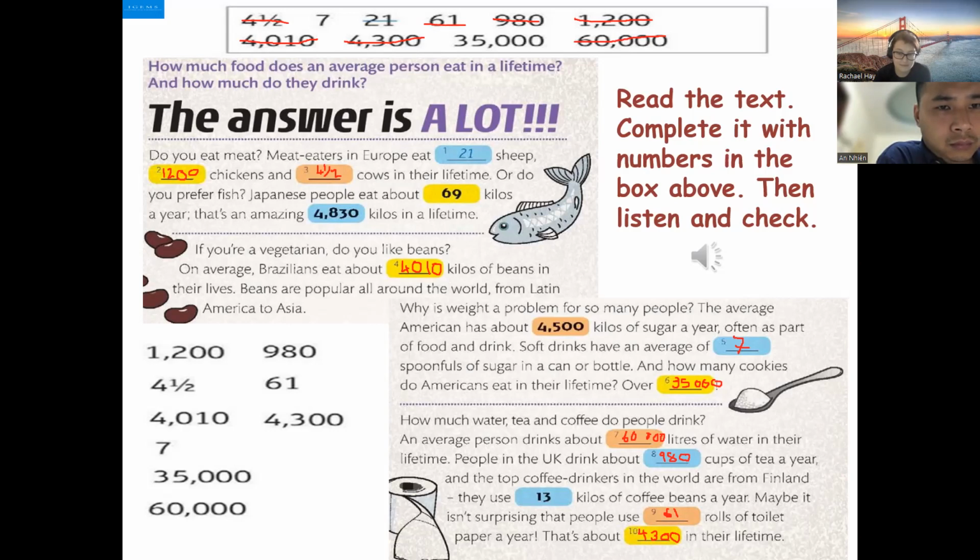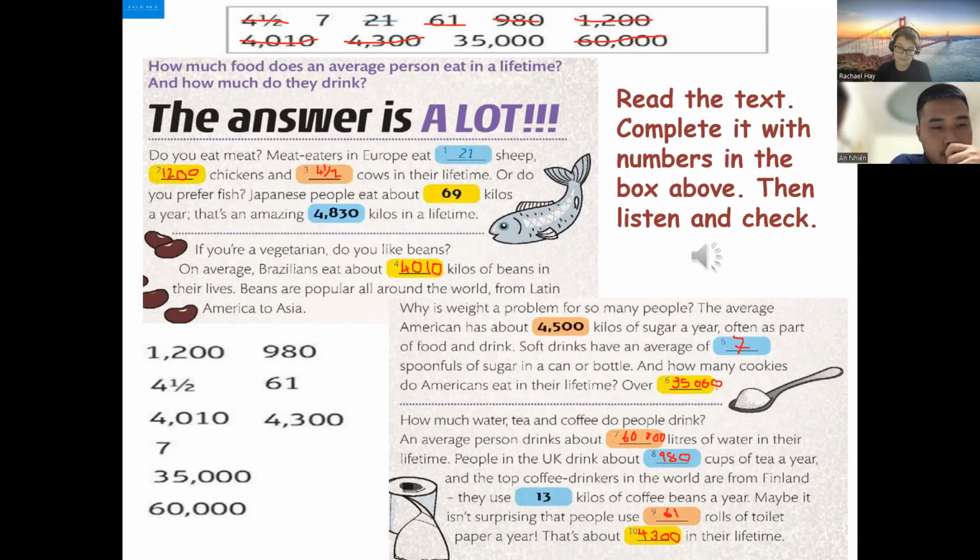Over 35,000. How much water, tea, and coffee do people drink? An average person drinks about 60,000 litres of water in their lifetime. People in the UK drink about 980 cups of tea a year, and the top coffee drinkers in the world are from Finland.